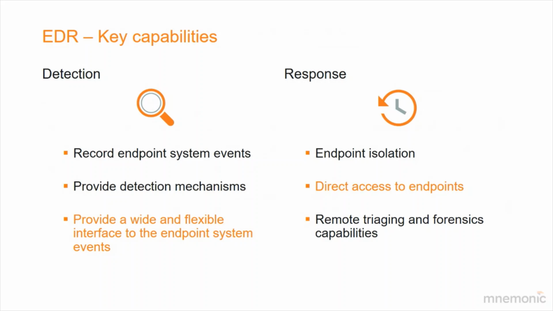It's important, with the third and highlighted point, that the endpoint data must be available to the analysts in an easy-to-access manner, preferably through a good graphical interface with a good query language, but also through API access or some sort of raw access for the more experienced analysts who really want to dig into the raw data, do their own processing, do threat hunting, and dig out those security incidents.